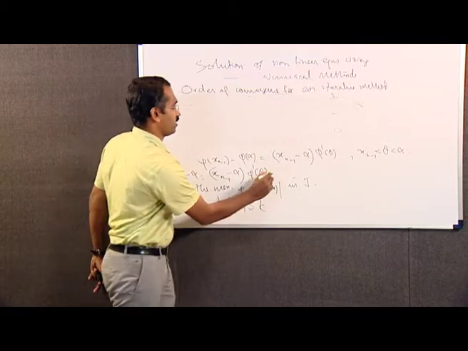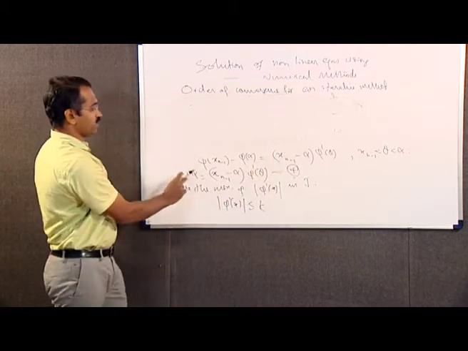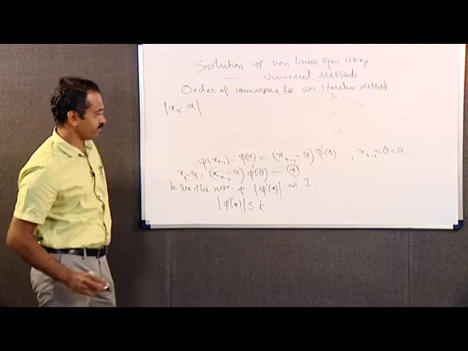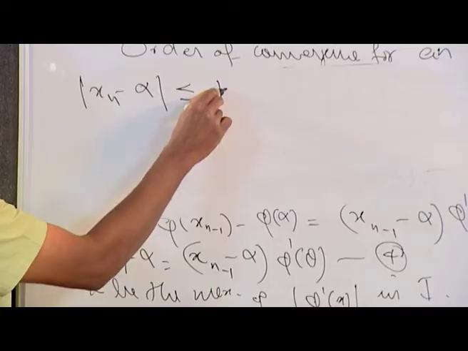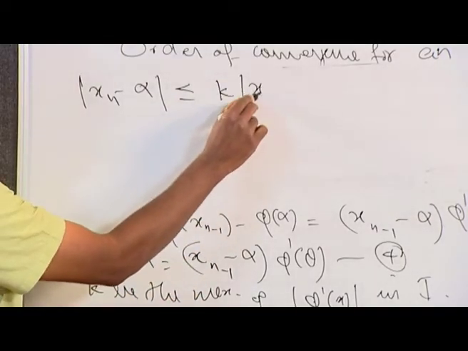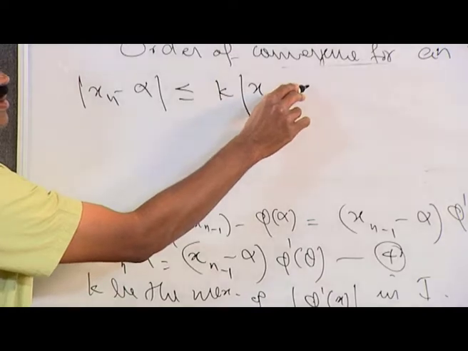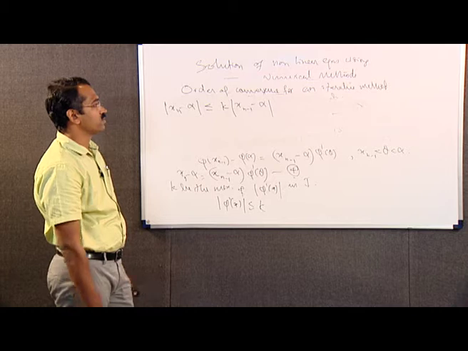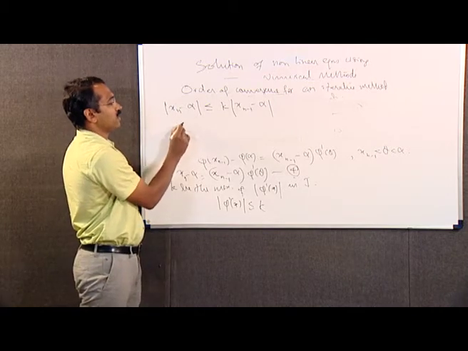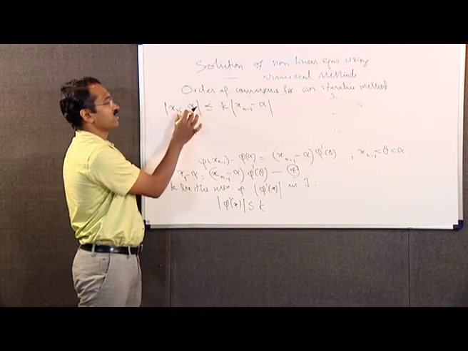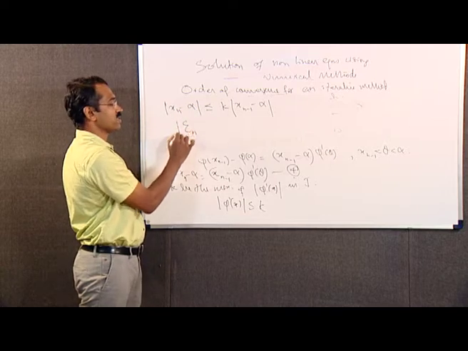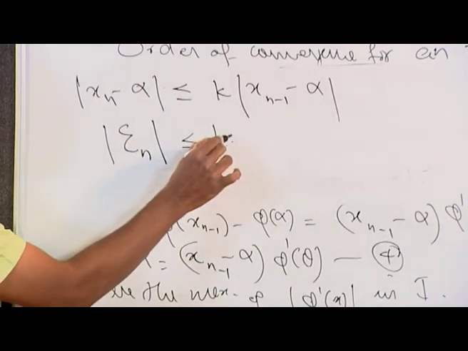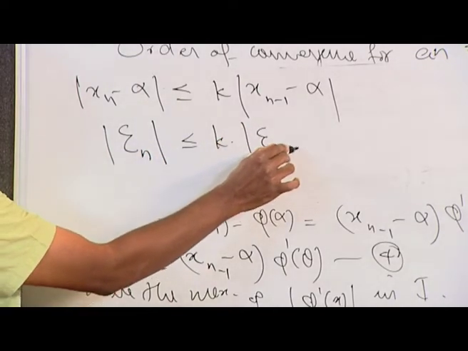This is named as equation number 4. This fourth equation will become modulus of x n minus alpha is less than or equal to k times modulus of x n minus 1 minus alpha. That is, this is our epsilon n, mod x n minus alpha is epsilon n, which is less than or equal to k times modulus of epsilon n minus 1.